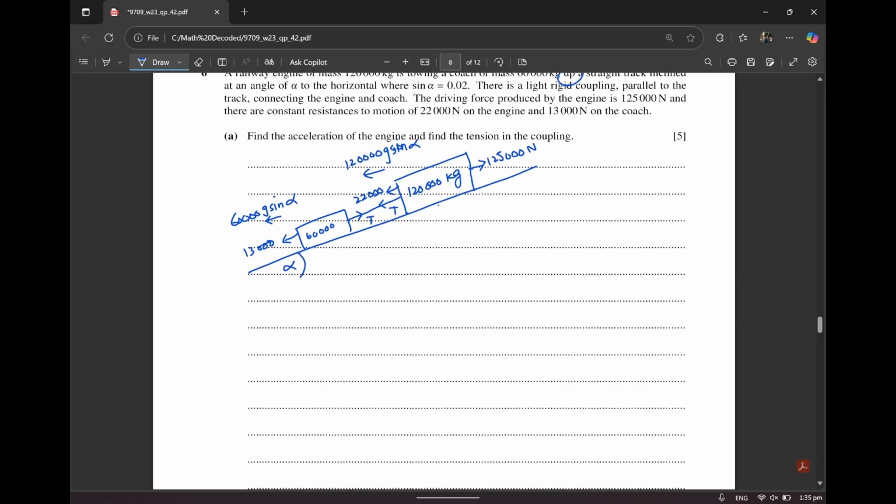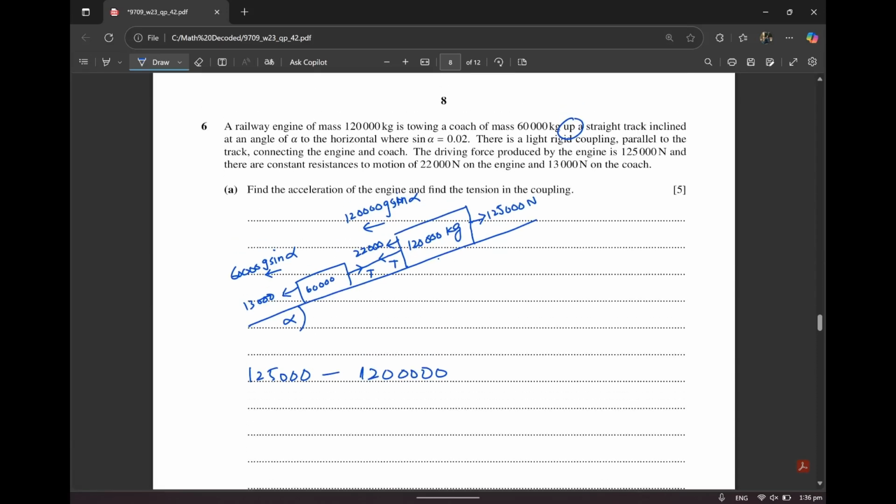I'm going to be solving this question using the forces acting on the entire system. So we know that there is a forward force of 125,000 newtons minus all these forces acting over here. That's going to be minus 120,000 G sine alpha. I can just plug in the values. I think G is 10.